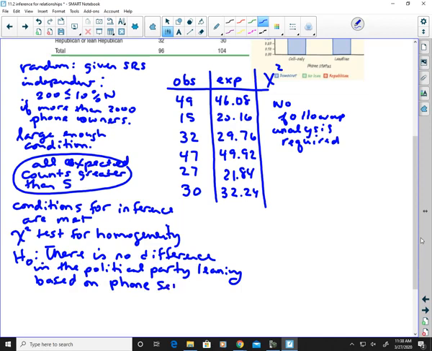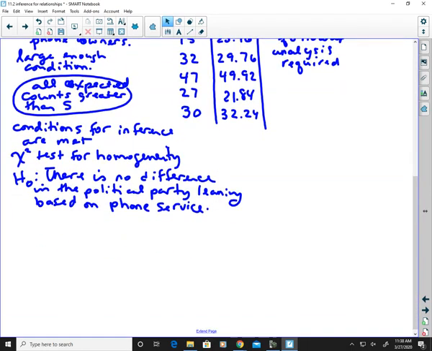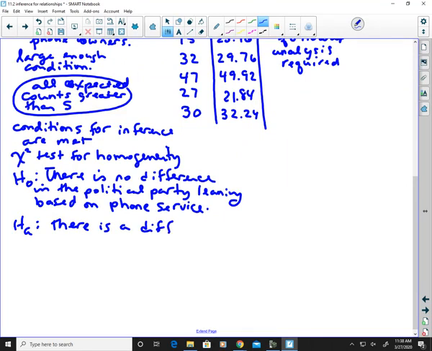That'd be important to know if there was, because that would be a source of potential bias in any kind of survey. And HA, there is a difference in political party leaning based on phone service.